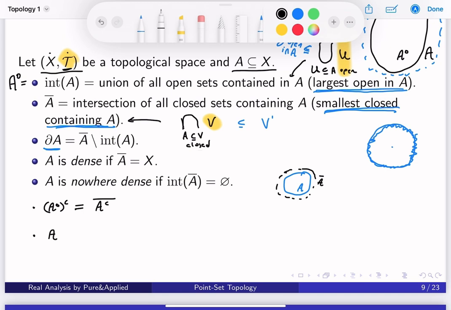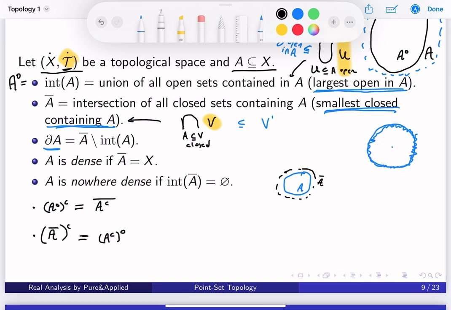If you start with the interior of the set A and you take its complement, you will end up with the closure of the complement. And if you start with the closure of the set and you complement it, then you'll end up with the interior of the complement, like this.